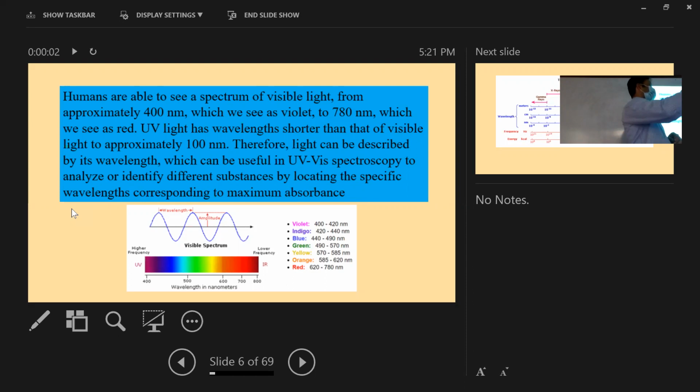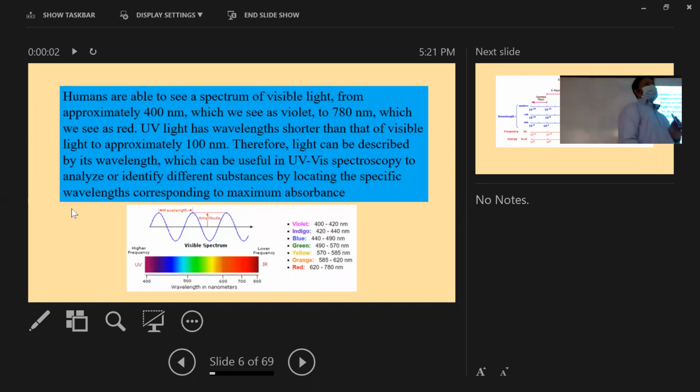Have you ever heard of monochromatic light? What does it mean, monochromatic? Monochromatic is directly related to the wavelength.